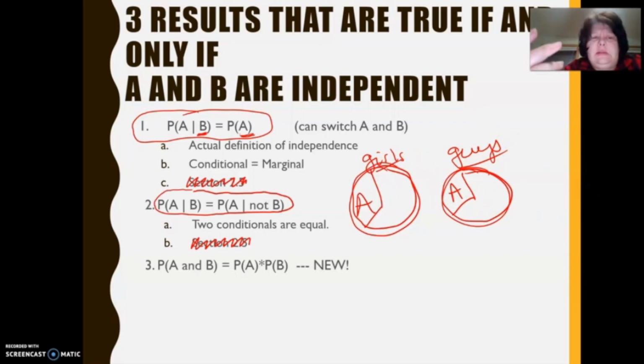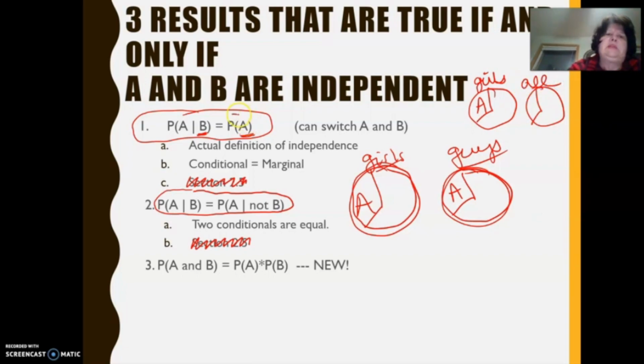In the previous result, number 1, A given girls would be the same as A for everybody. This is A for everybody. This is A just for girls, let's say. So it's giving you the same result. No matter how you break it down there, those two things are independent.